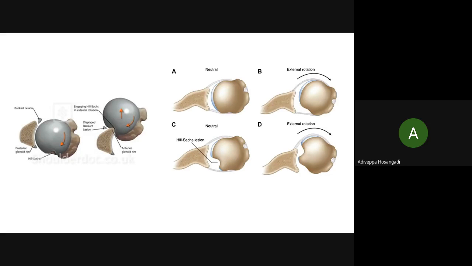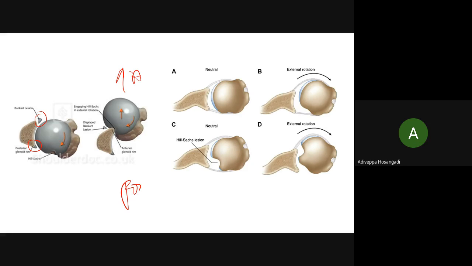Now I will show you some radiological images. You are seeing the shoulder from above. Whenever the shoulder has dislocated anteriorly, this is posterior, this is the glenoid rim. This is the fibrocartilage, or glenoid labrum.